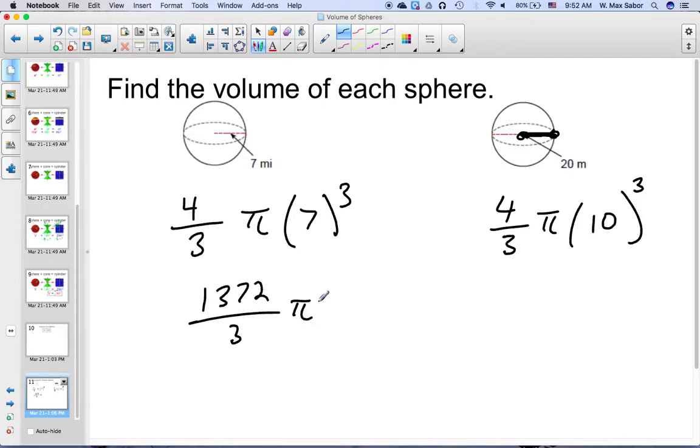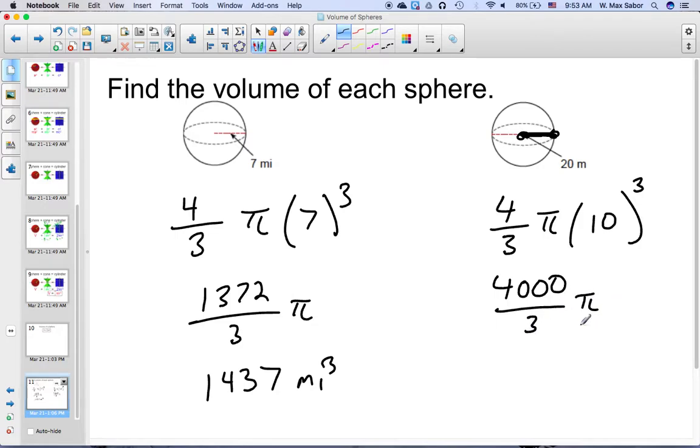And if you want the decimal answer, it would be about 1,437 cubic miles.